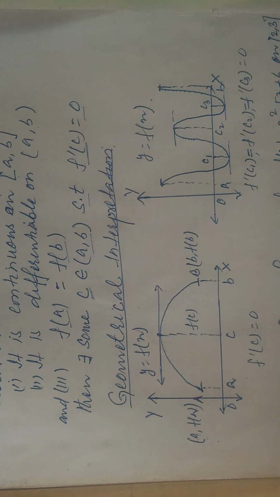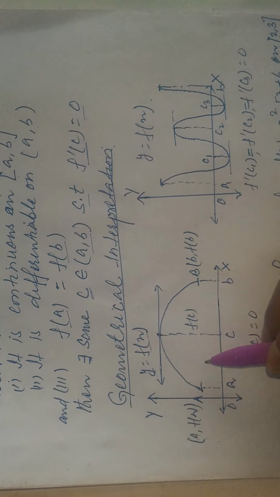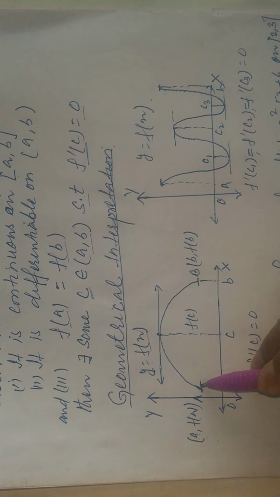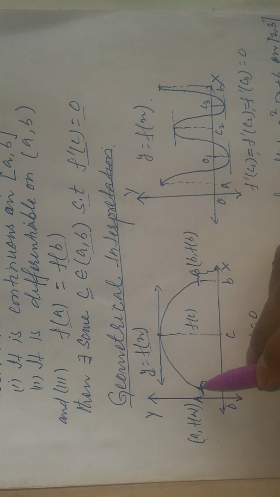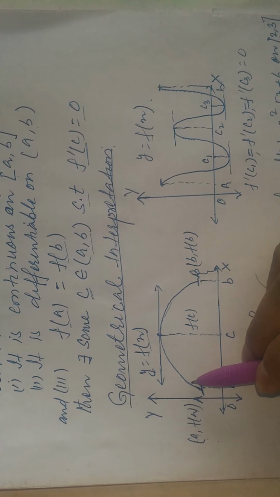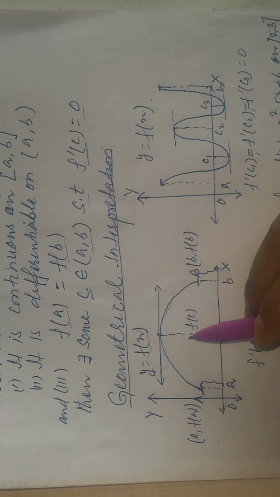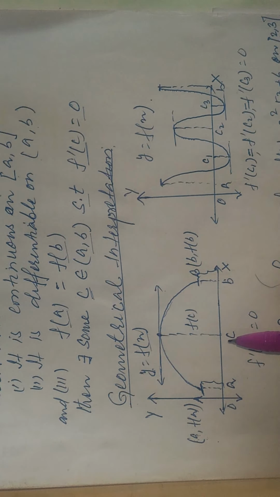Rolle's theorem says that, for example, if you have a curve y equals f(x) defined from a to b and f(a) is equal to f(b), meaning this height is equal to this height, and it is continuous everywhere, there is no break, and it is differentiable everywhere, then there will be at least one point c where the derivative of the function at that point will be 0.